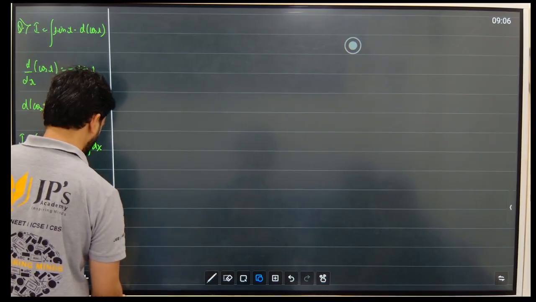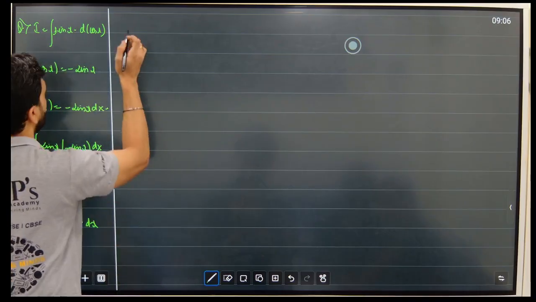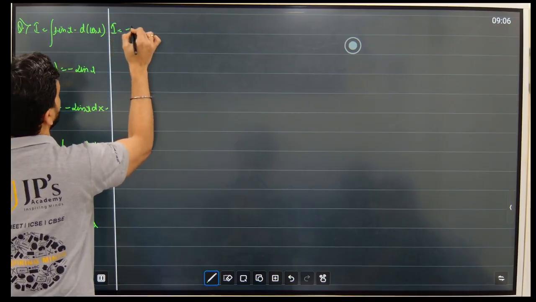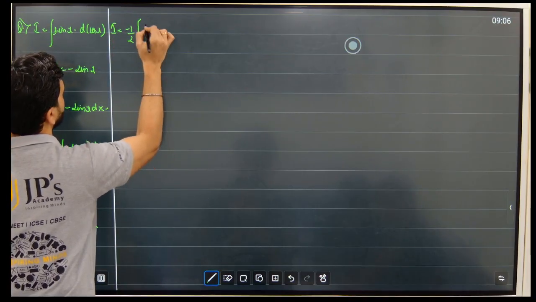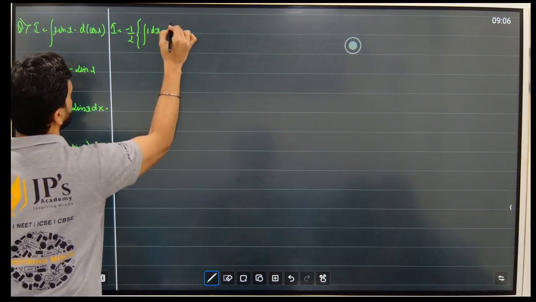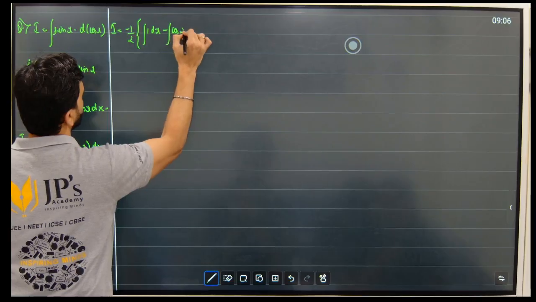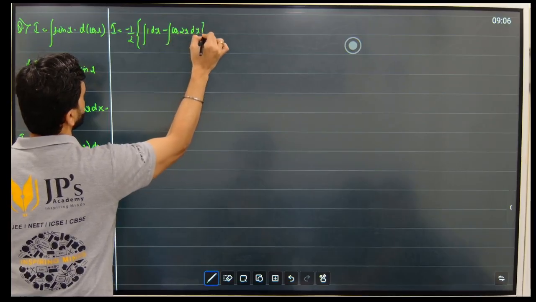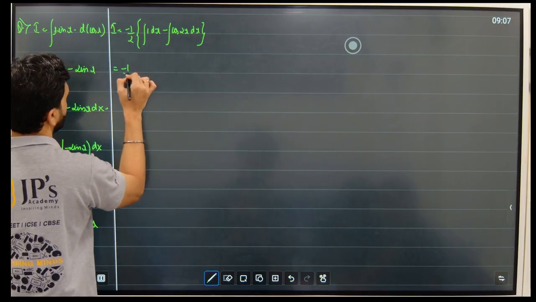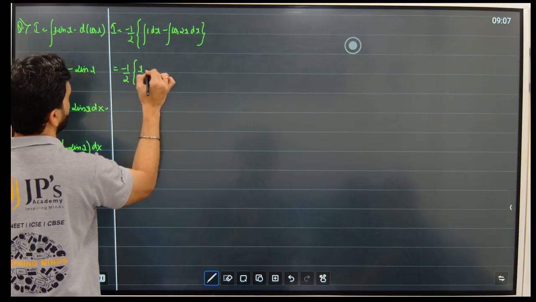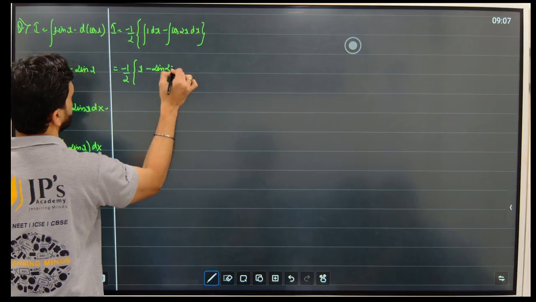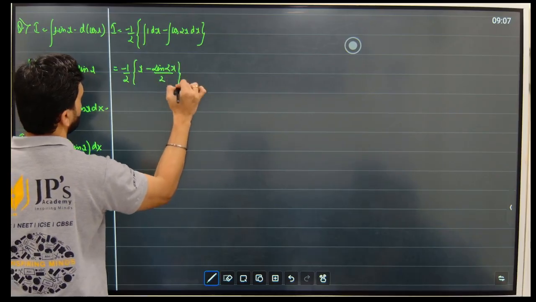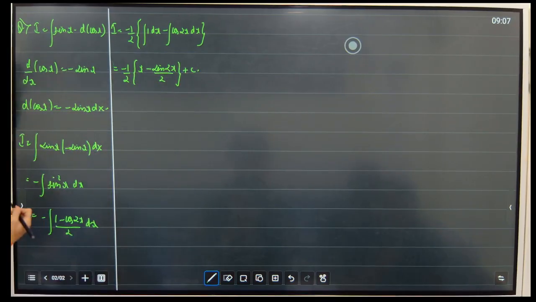I is equal to, I take minus half outside, integration 1 dx minus integration cos 2x dx is equal to minus half x minus sin 2x by 2 plus c.